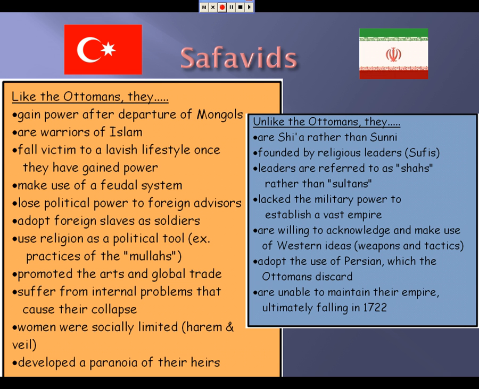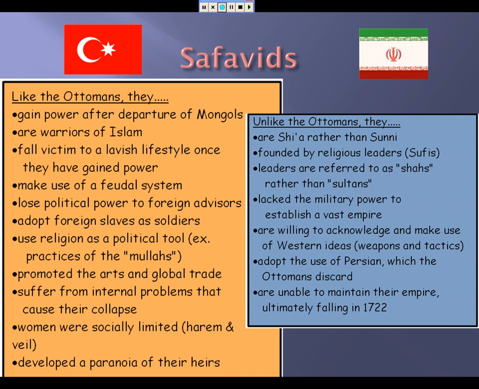You're going to see the same limitations on women that you saw in the Ottoman and earlier Abbasid empires. The practices of harems being used by the upper class men, the elites, will continue, as will the practice of women needing to be veiled and fully clothed. And you will also see episodes of paranoia from the Safavid rulers of their own children, which will oftentimes result in their deaths.